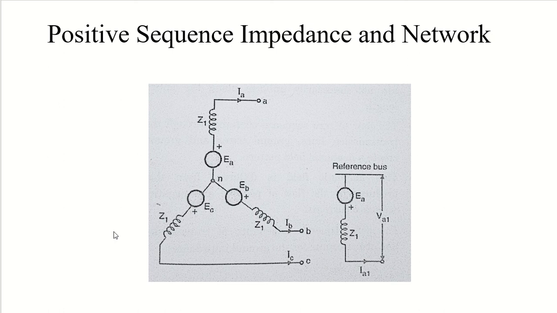After that, the three phase generator will produce only positive sequence voltages, and synchronous machine is designed with symmetrical winding, right? So it will induce the EMF of positive sequence only. So there will be no negative or zero sequence voltages produced or induced inside it.